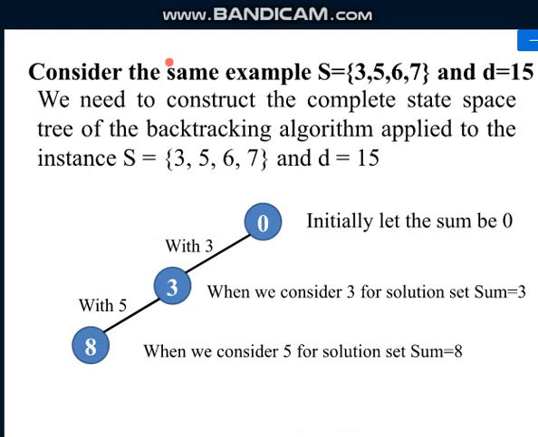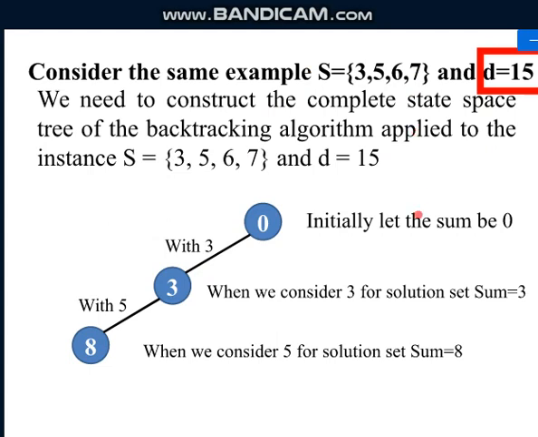Now look at this. We have considered the same example. The set has the values 3, 5, 6 and 7, and you need to find the subset in such a way that the sum is equal to 15. Let us start with sum equal to 0. When sum is equal to 0, that means you have not included any of the elements in the set.